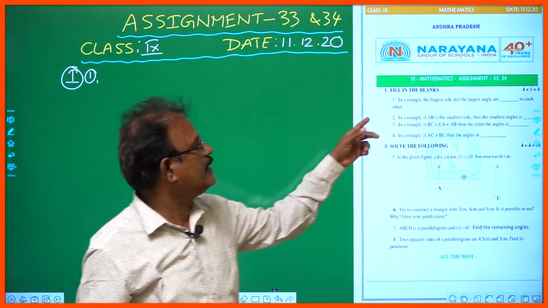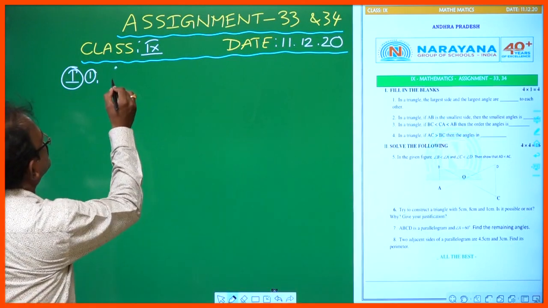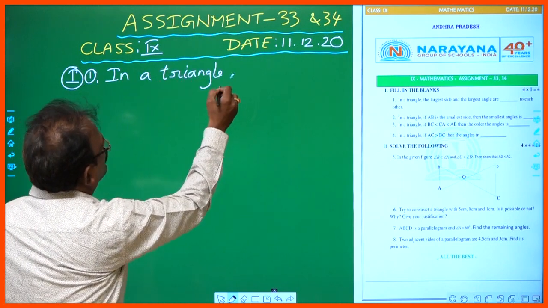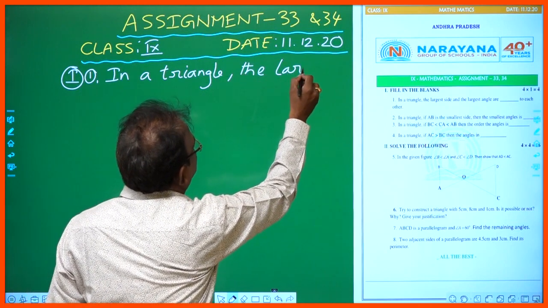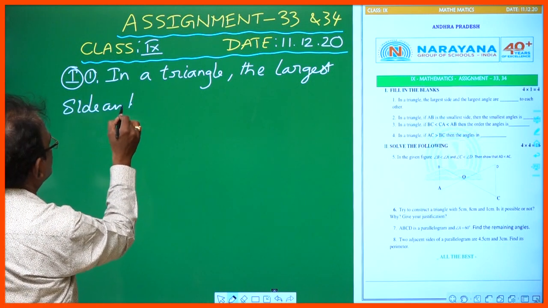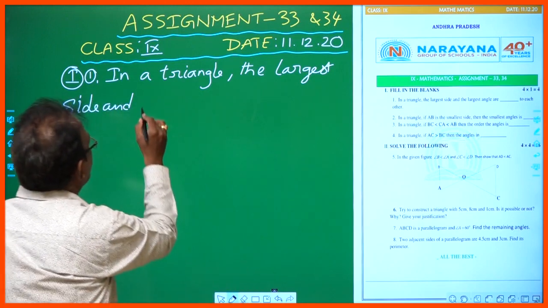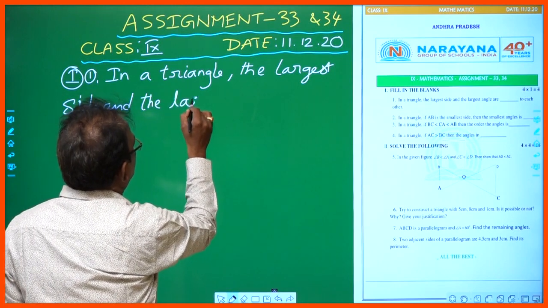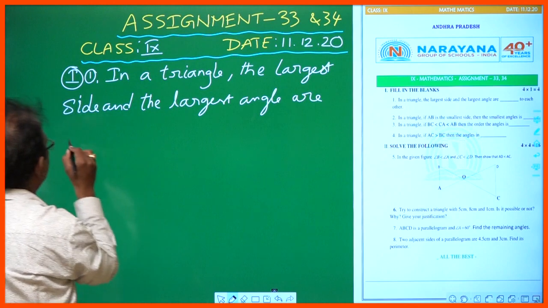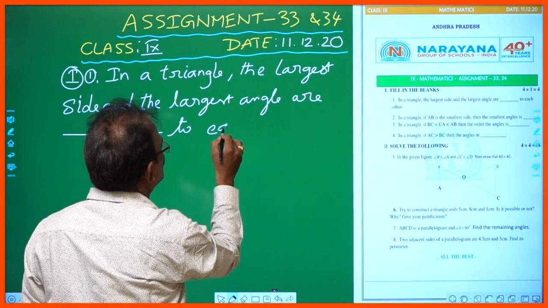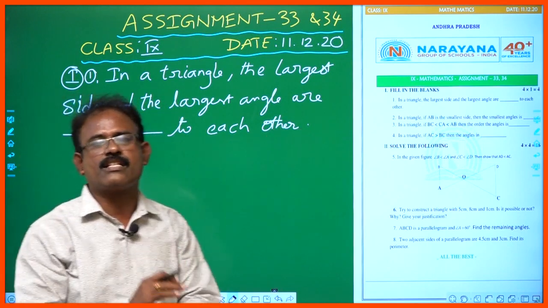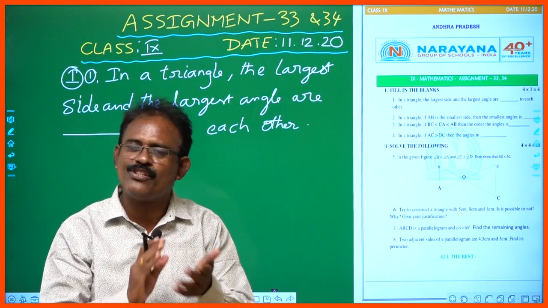First one, first Roman. In a triangle, the largest side and the largest angle are dash to each other. See children, we already discussed that the largest angle and largest side are opposite to each other.